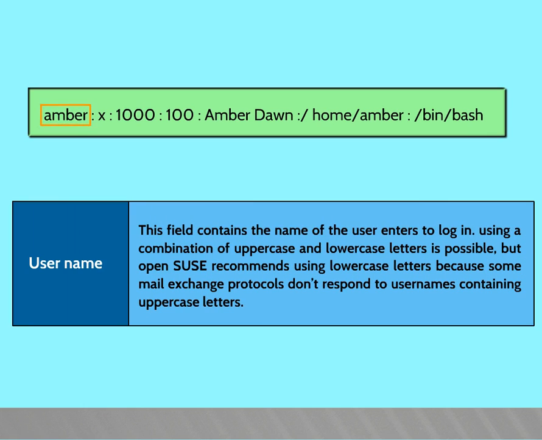The field contains the name of the user enters to log in. Using a combination of uppercase and lowercase letters is possible, but OpenSUSE recommends using lowercase letters because some mail exchange protocols don't respond to usernames containing uppercase letters.